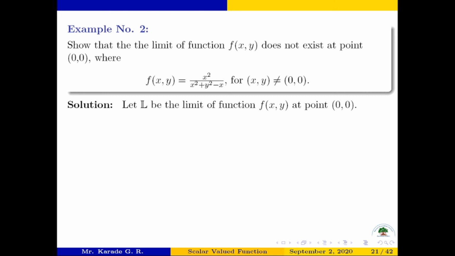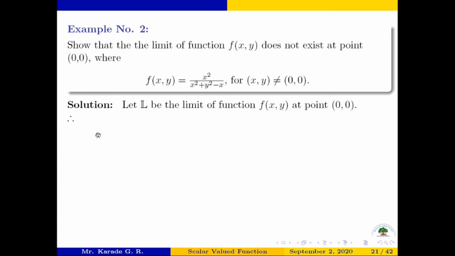Example. Let L be the limit of function f of x comma y at point 0 comma 0.